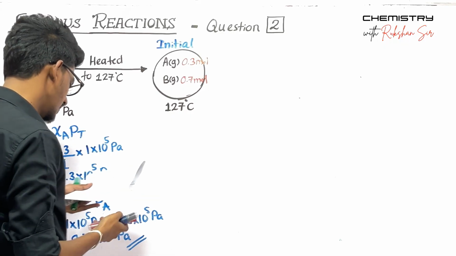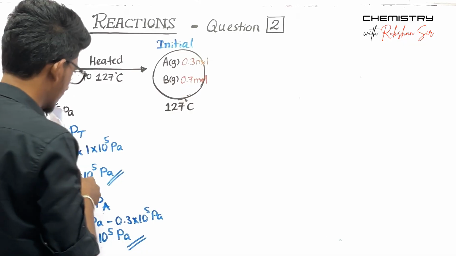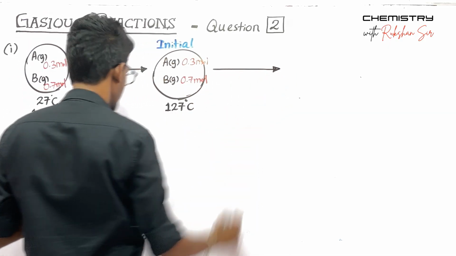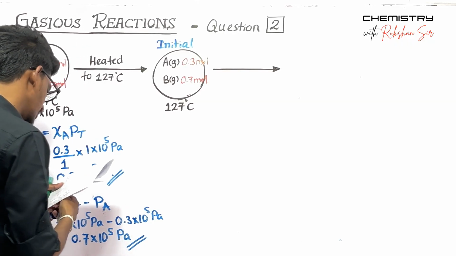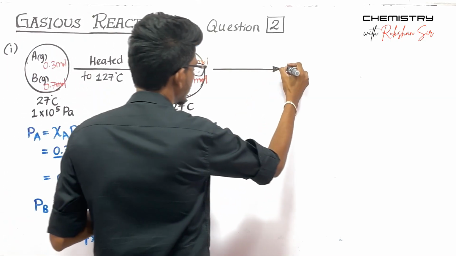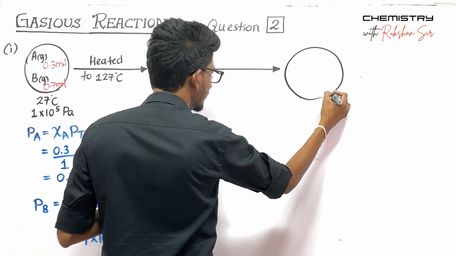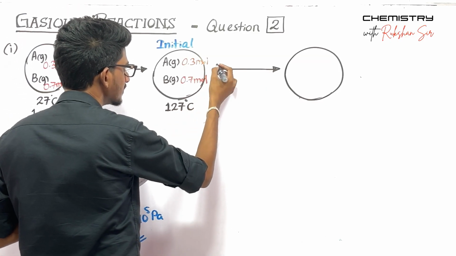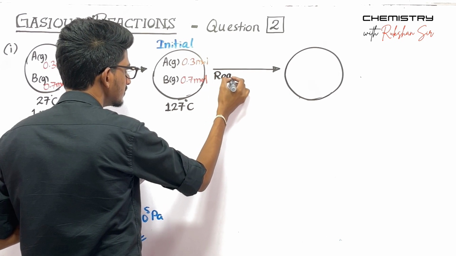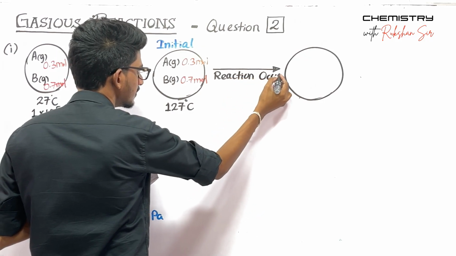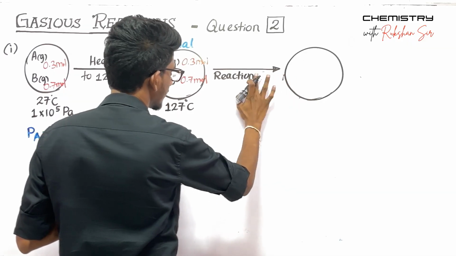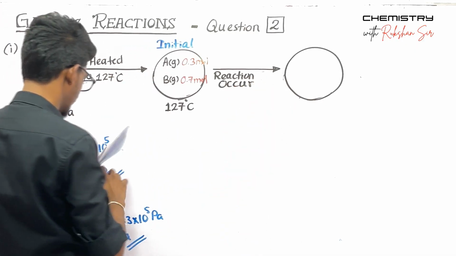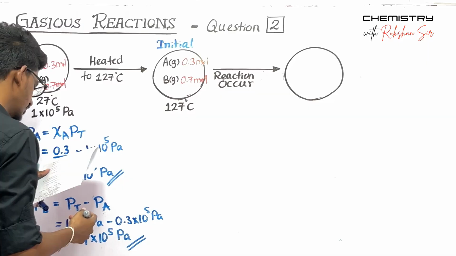Then what happened? Some reaction occurred, and that reaction consumed 0.2 moles of A. When the reaction happens, that A gas will react with 3 of B gas.